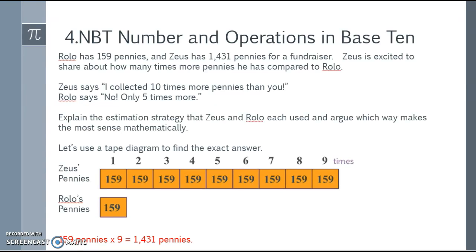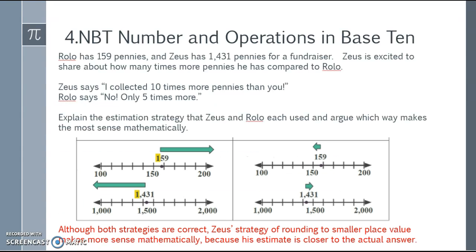So 159 pennies times 9 is 1,431 pennies. So when I put their estimations next to each other, although both strategies are correct, Zeus's strategy on the right, of rounding to a smaller place value, makes more sense mathematically because his estimation is closer to the actual answer.